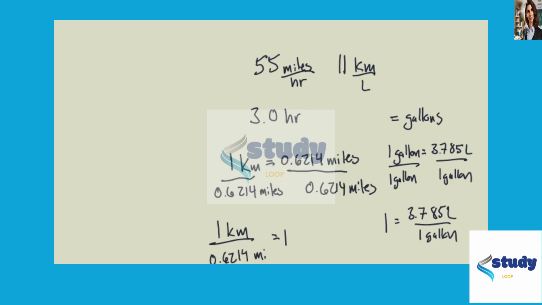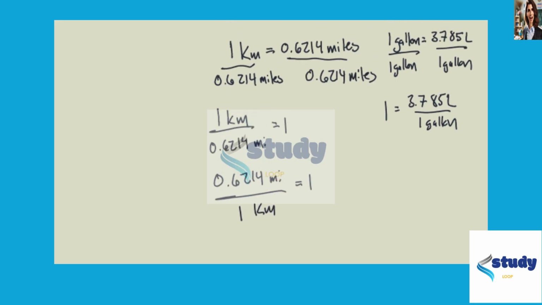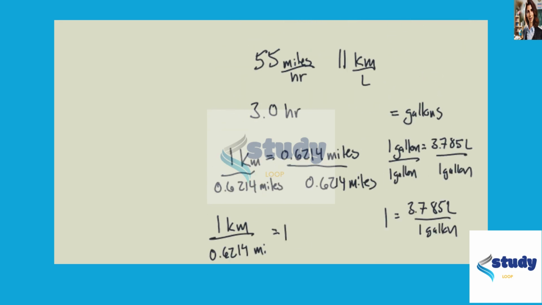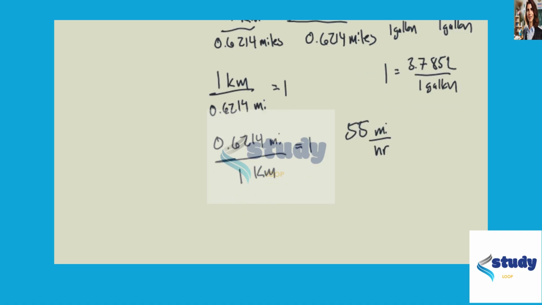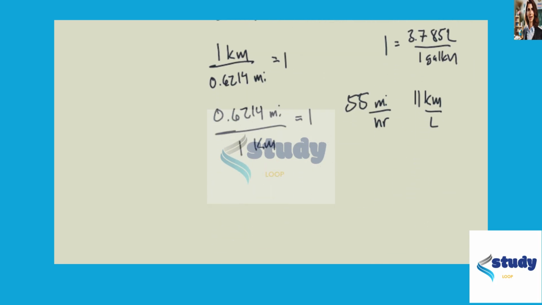Okay, so we've got hours, we need to end up with gallons. Let's copy our 55 miles per hour down here. And let's copy our 11 kilometers per liter. And we've got 3 hours.